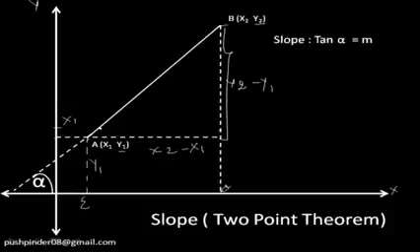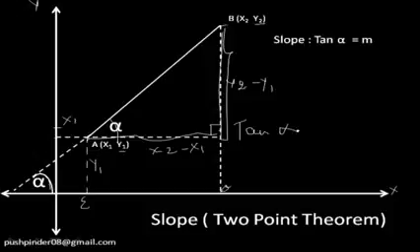So here we have formed a right triangle, wherein this perpendicular is equal to y2 minus y1, and this is 90 degrees over here, and this is equal to x2 minus x1. Now since this line over here is parallel to the x-axis, if this is angle alpha, this will also be equal to alpha, right? So now we just have to find tangent alpha.